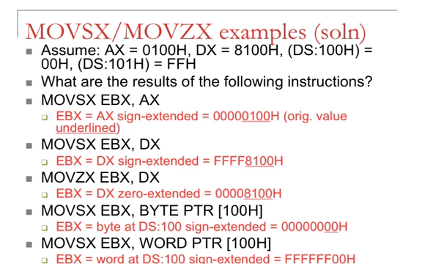So we're going to extend by filling zeros into the upper 2 bytes of EBX. EBX is the destination, and the lower 2 bytes have the same value as AX.